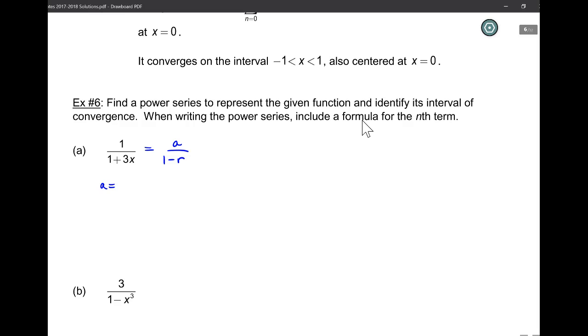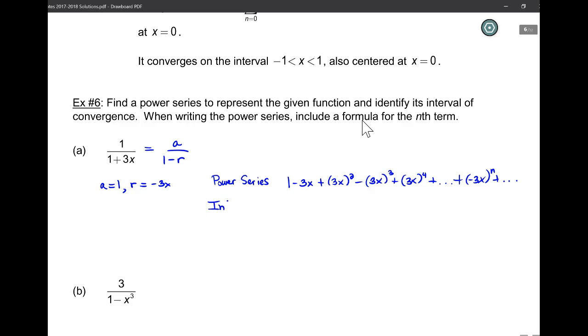So a is going to be equal to 1, and r is actually going to be equal to -3x. So our power series is going to be 1 minus 3x plus 3x squared minus 3x cubed plus 3x to the fourth, and so on. So -3x to the nth, and then it continues.